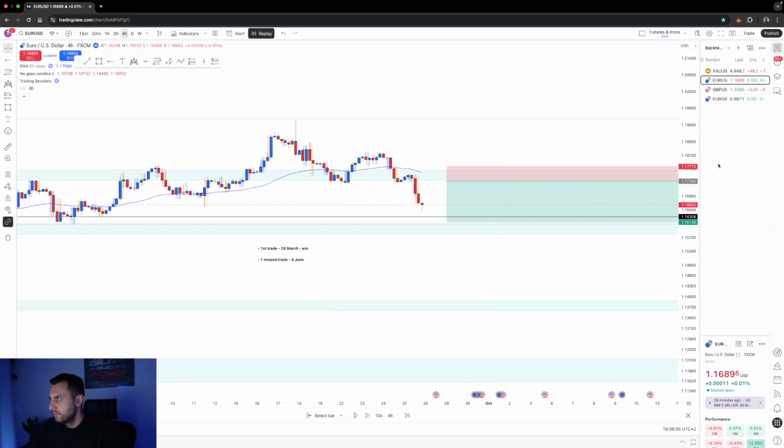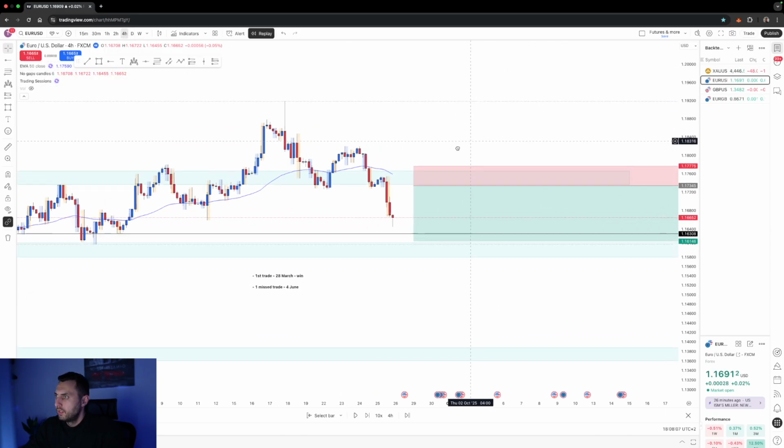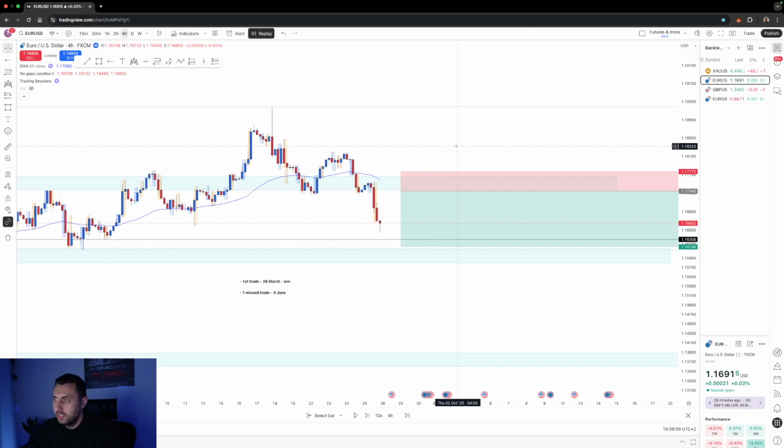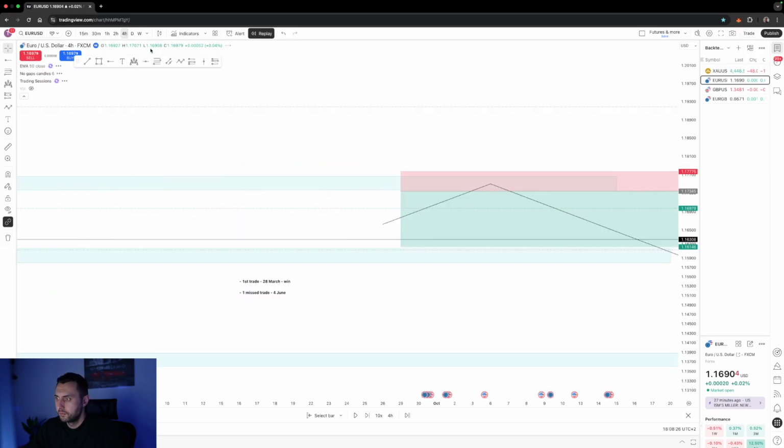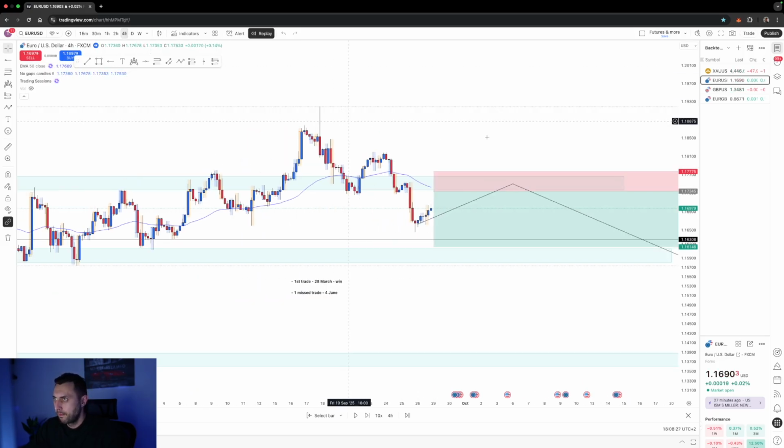Let's see what the price is doing in the next day, but we will see on the 4-hour, because we are trying to catch this trade on the 4-hour. Let's see if the price is doing what I'm expecting. So again, let me show you on daily, just to make it clear. So the price pushed here and then pushed here. Okay.